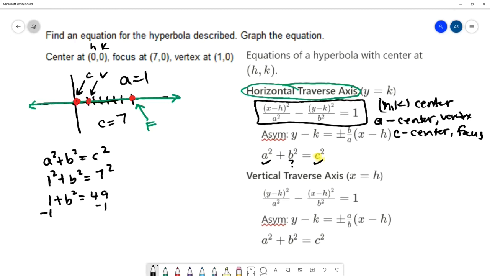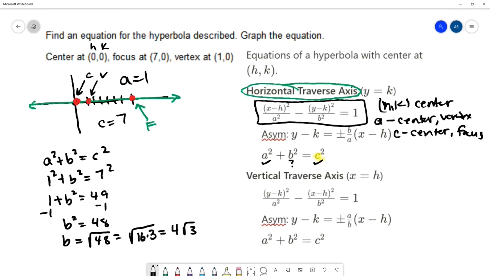I'll subtract 1 and get b squared is equal to 48. If I square root both sides, I have b equaling the square root of 48. We can simplify this as well. 48 is 16 times 3, so we can write this as 4 square root of 3.